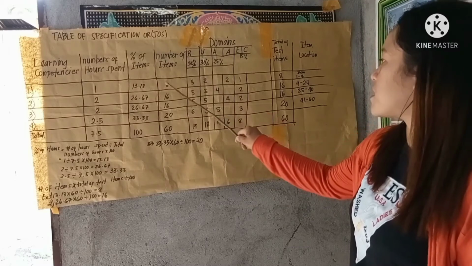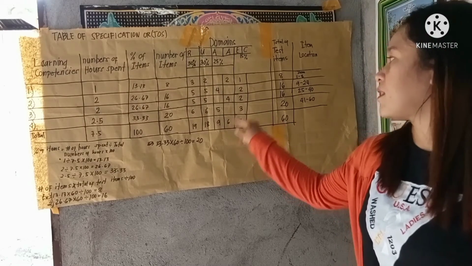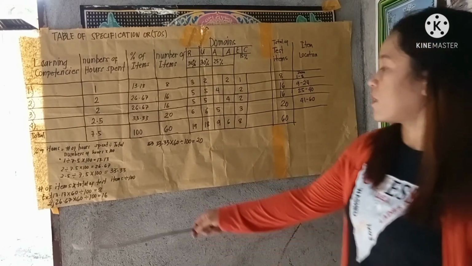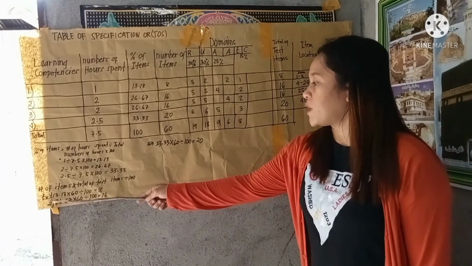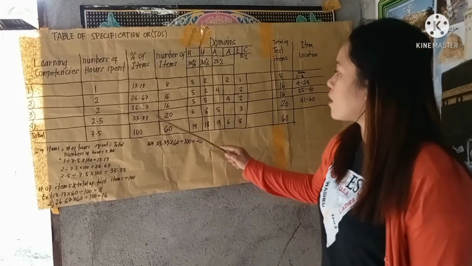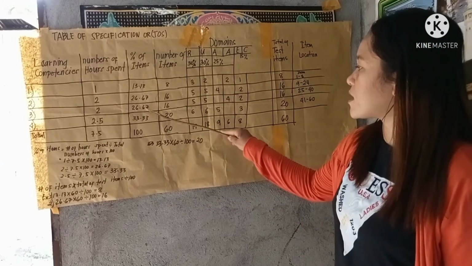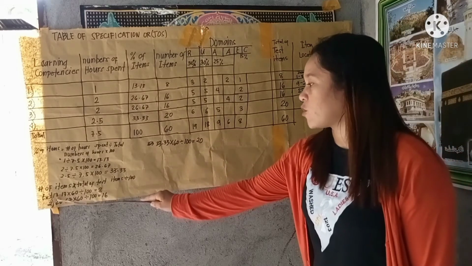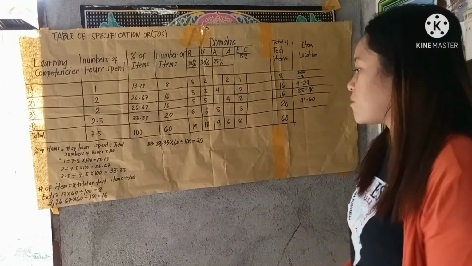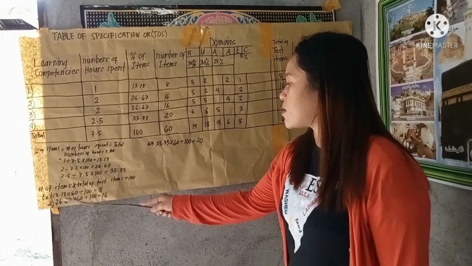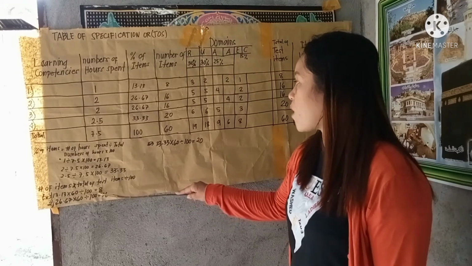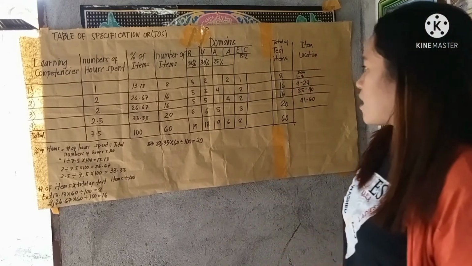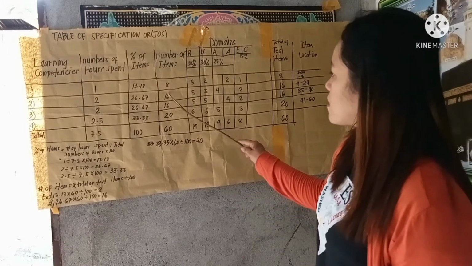So, the number of items is 8. The same process also for number 2. 26.67 times 60 divided by 100 equals 16. So, here, 16.